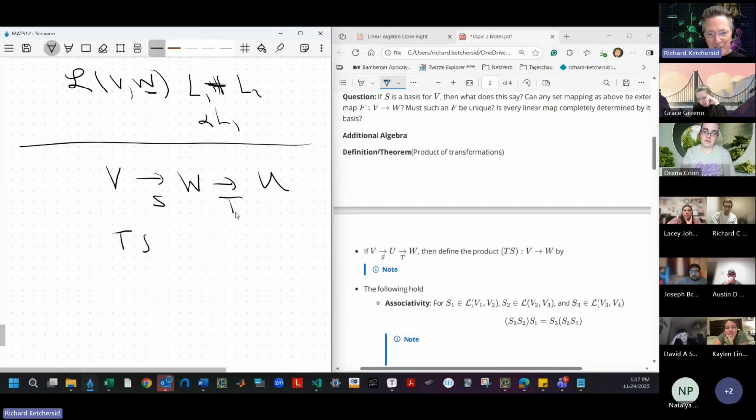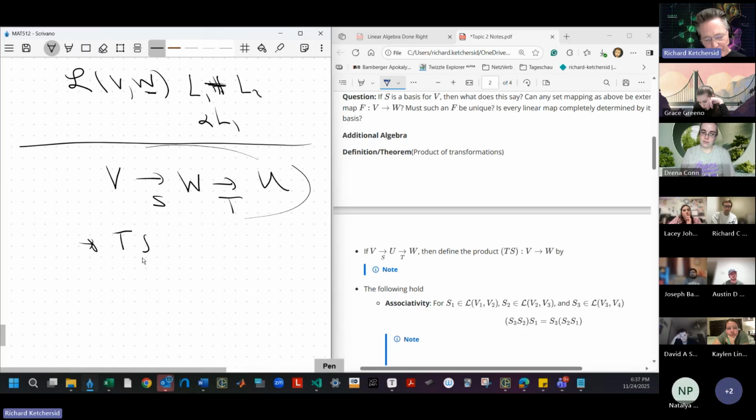It looks like it should be ST, but because we write left to right and we think of putting the inputs in here, we actually flip those around. We do S first as a function and then T. So you have to be a little bit careful when using these pictures. You have to invert things when you compose.